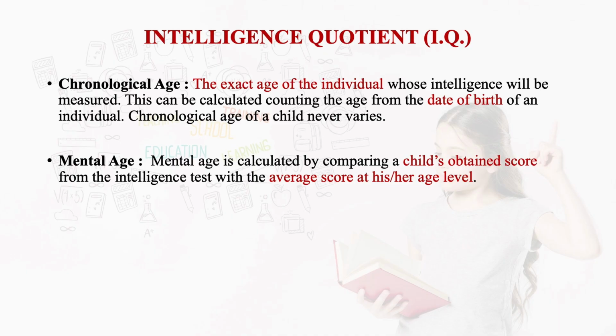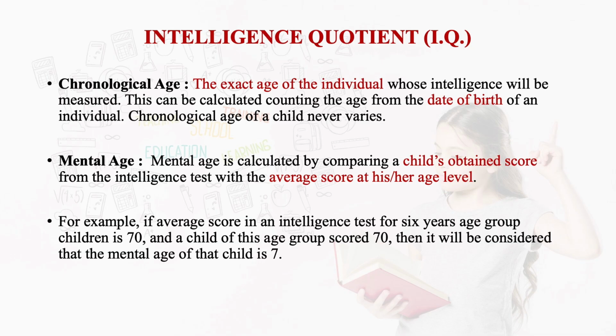But mental age varies. Mental age is calculated by comparing a child's obtained score from the intelligence test with the average score at his or her age level. Just like you have administered an intelligence test for 8th standard students, or you can select it for a 14-year age group. So for 14-year-old students, what should be the average intelligence?